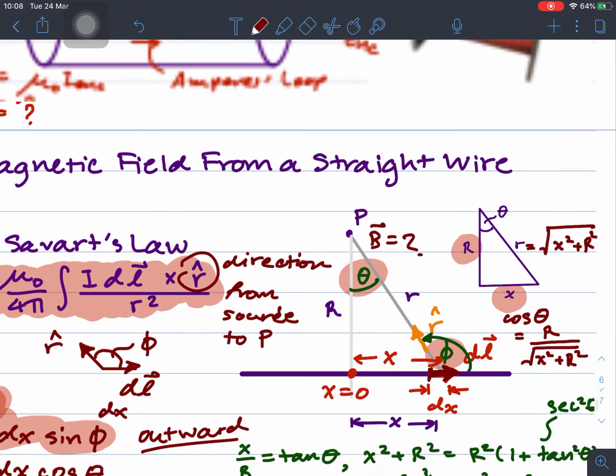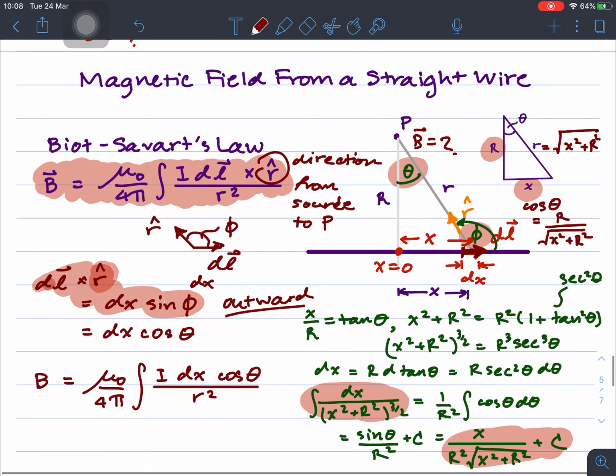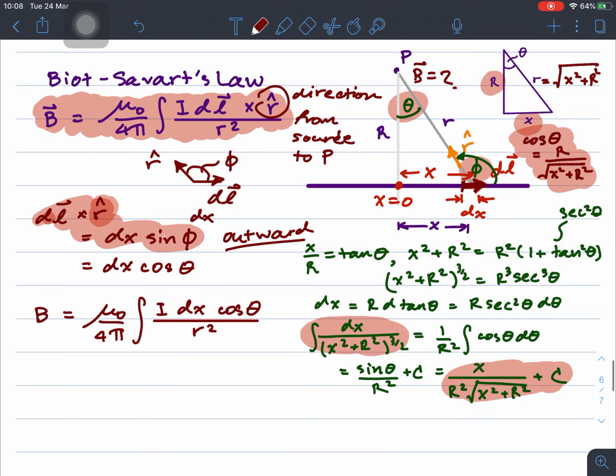I substitute this expression for cosine theta into our integral, and we have mu 0 I over 4 pi. The current I is constant, so I pulled it out from the integral. For cosine theta as R over the square root of x squared plus R squared, R is also a constant, so I also pull this out from the integral.